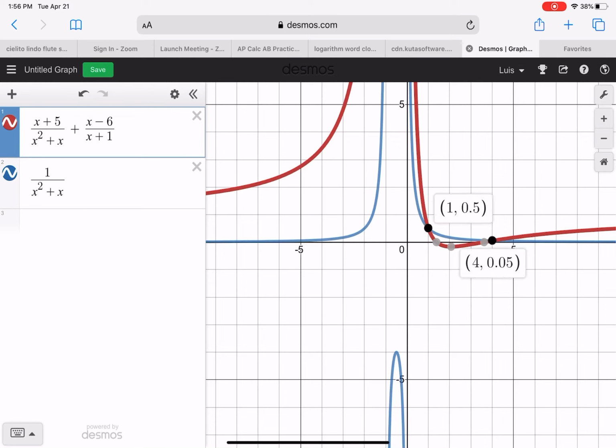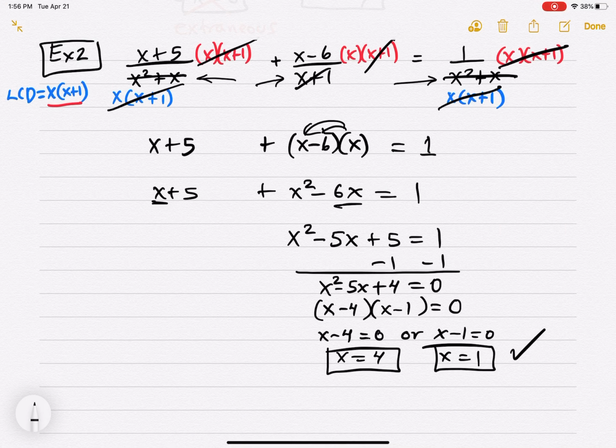I don't know why I have those extra points there, but okay. The intersections are when x equals 4 and when x equals 1. As you can see, that matches with our solution. X equals 1 right here, x equals 4 right there. Those are the solutions for our problem.